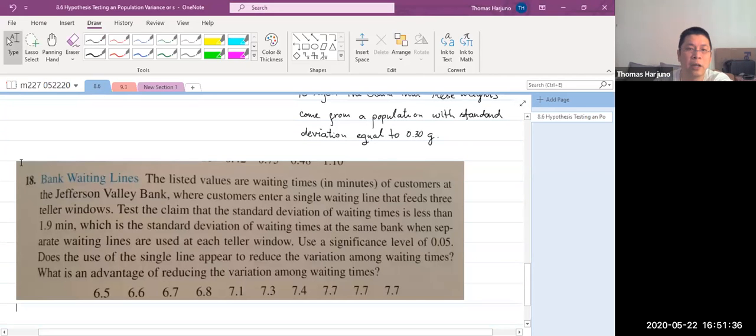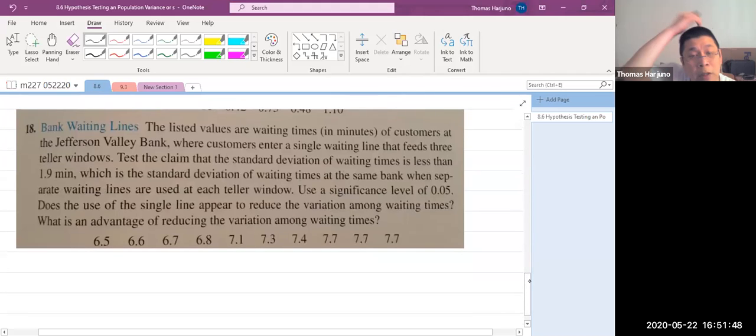Okay, this number 18. Let me ask you to do: the listed values are waiting times in minutes of customers at Jefferson Valley Bank. Now, by the way, the reason I choose this problem is actually to let you know that when it comes to waiting lines, it's actually better to do a single waiting line. So, for example, you have cashiers here.